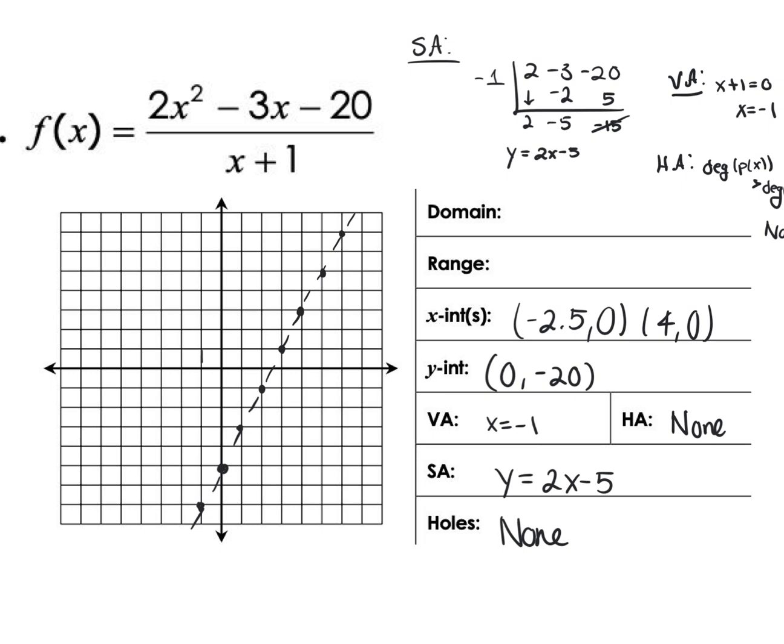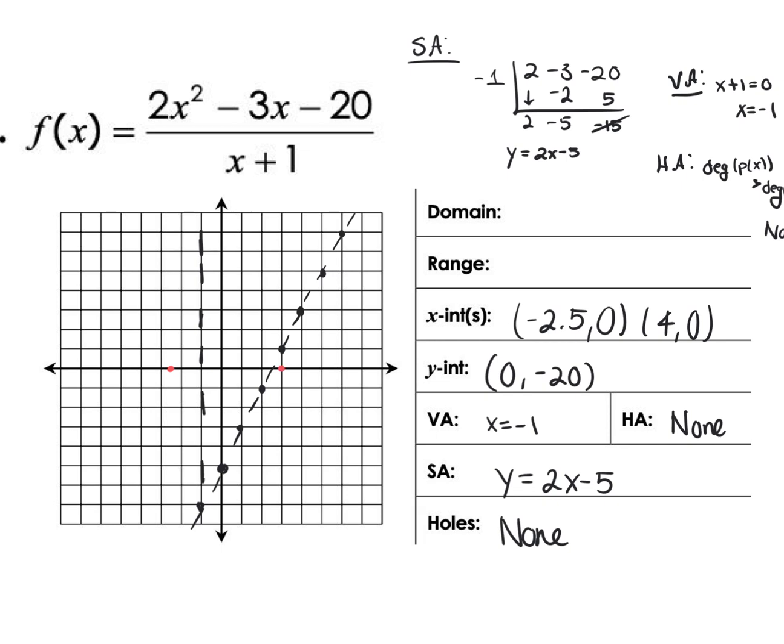So we have, this is where our vertical asymptote lives. And so then we have negative 2.5 comma 0, and we also have 4 comma 0.